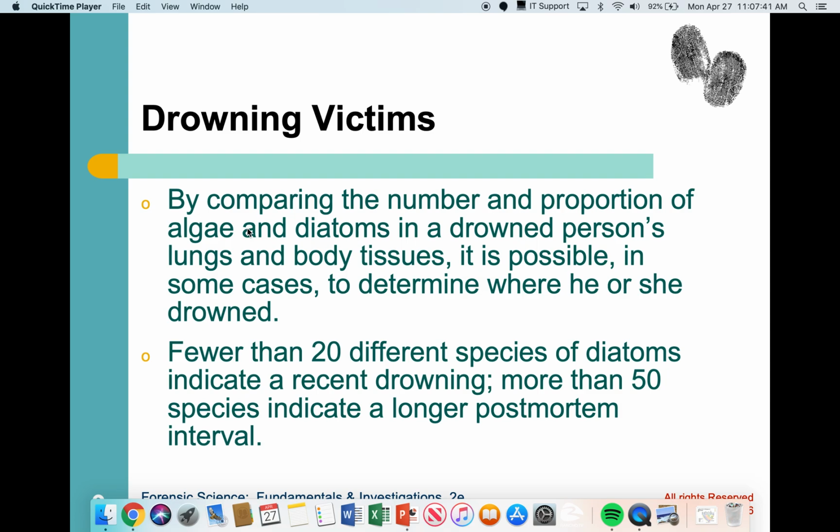Going into another section, we'll be looking at drowning victims and how forensic botany is used there, gastric contents, which you may not have thought of as a factor, wilting flowers, and also gravesites. That's what we're covering today, Thursday.